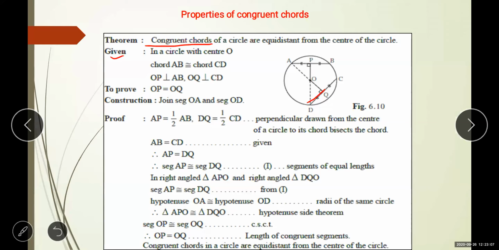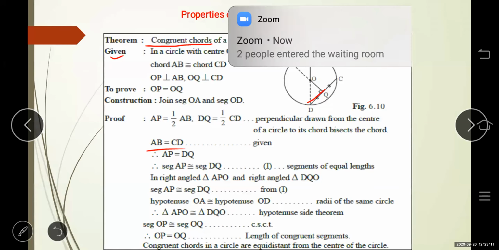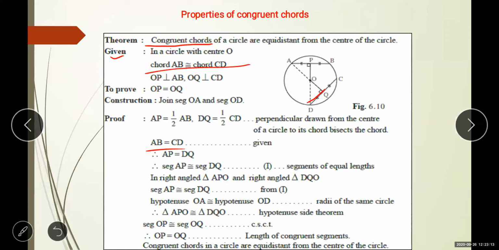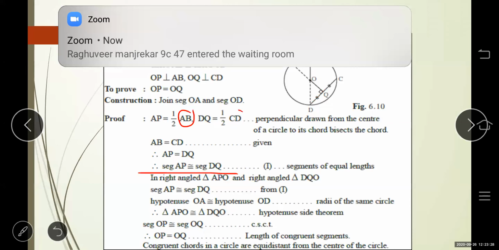Now again, what was given? AB is equal to CD, they gave. Till here we have the information. Now, the segments of equal chords. AP is equal to, now AB and CD are congruent. That means their halves are also equal.